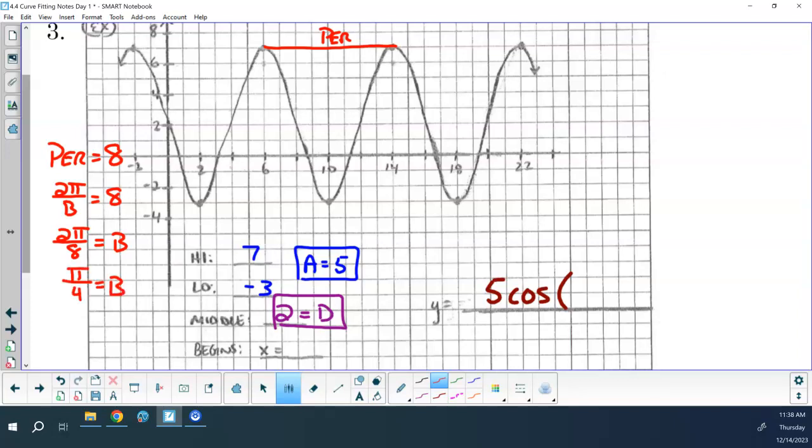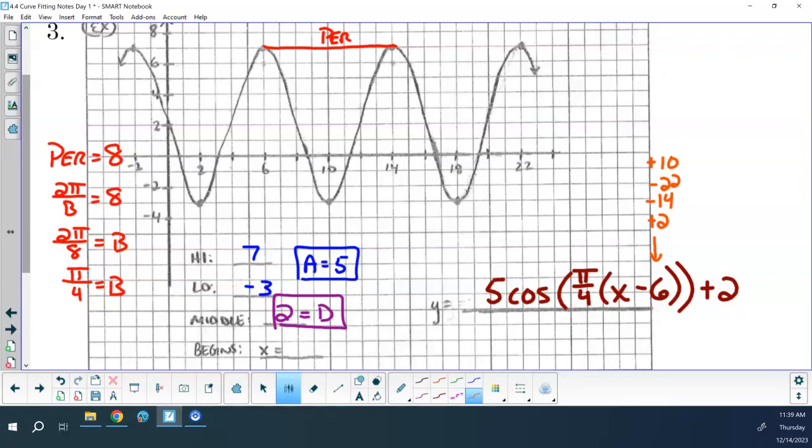So everybody should have pi over 4 for B. I'm gonna go -6, but let me give you some alternatives to the -6. We could have also gone with +2. You could have gone with -14. You could have gone with -22. You could have gone with +10. So there's 5 different options on that one.